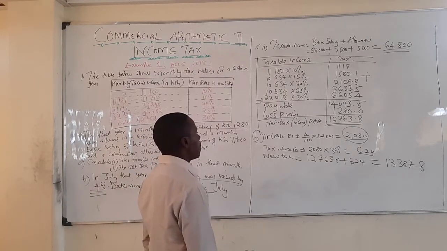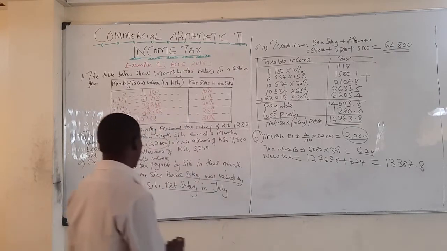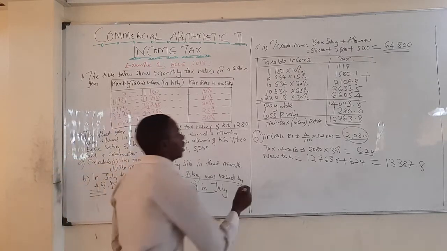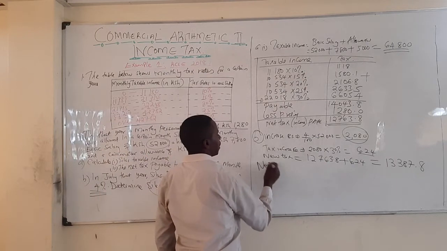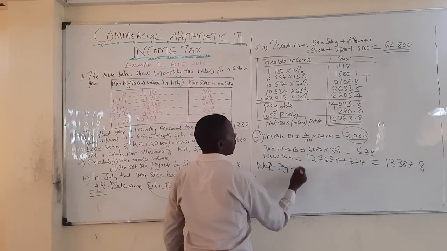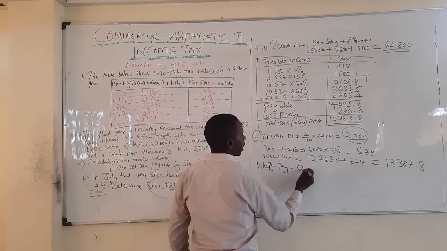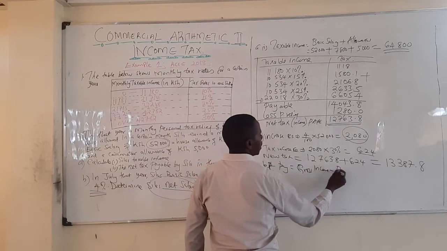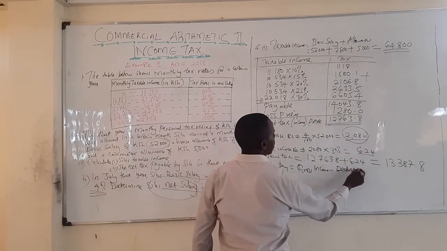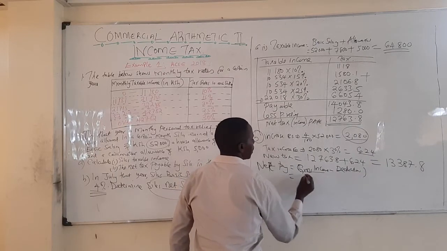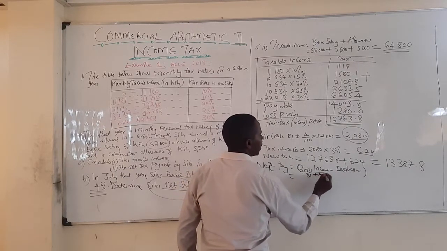Then our question is asking on the net salary or the net pay. So you know that the net pay is given by the gross income minus deductions. In this case, gross income is basic salary plus allowances.